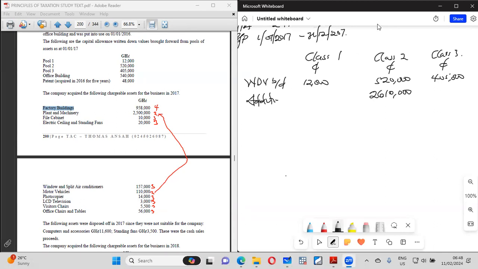Just a minute. So let's add the class 3 items. We had 10 plus 20 plus 157 plus 14 plus 3 plus 3.5 plus 5.5 plus 56, right? If I add all those things together, I'm getting around 269.